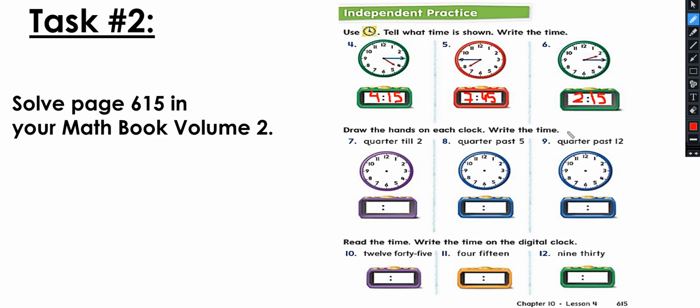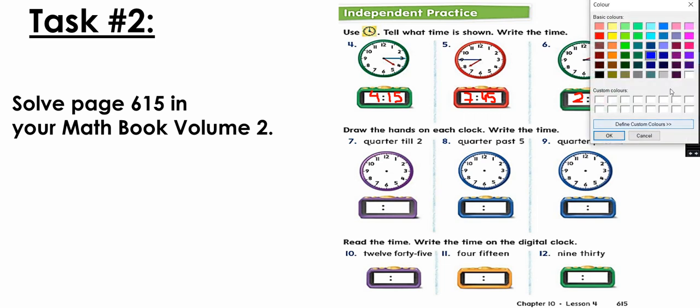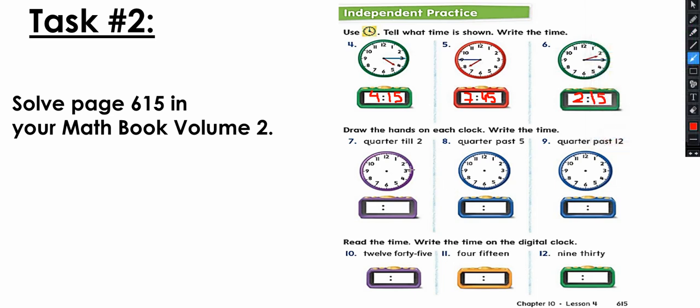Now here, we need to draw the hands on each clock. We need to first read, and then we have to find the time. Number 7 says quarter till 2. Till 2 means it hasn't reached 2 yet. It is still between 1 and 2.